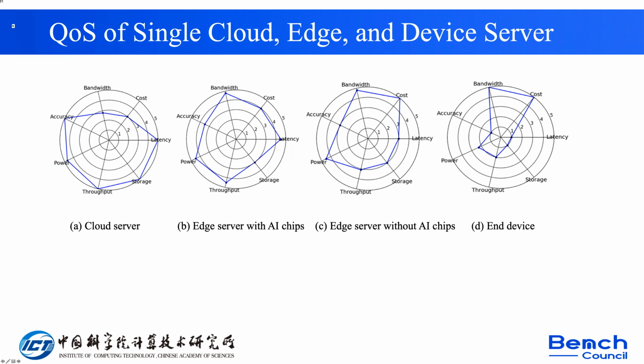As this figure shows, we introduce a general Edge Cloud AI performance model, and we choose 4 representative Edge Cloud servers: cloud server with GPU, edge server with AI chips, edge server without AI chips, and end device. Then we model them along different sets of performance metrics. This is the radar figure.